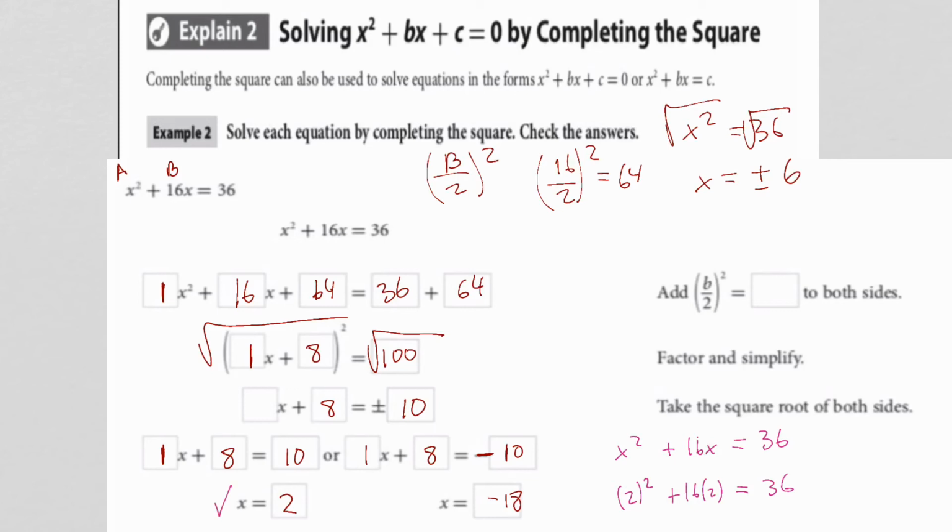And how about negative 18? We've got negative 18 squared plus 16 times negative 18. Is that equal to 36? Let's probably have to bust out my calculator for this one. Let's see, what is 18 squared? 18 squared, you got 324 plus 16 times a negative 18. And that one checks out. It is also 36.